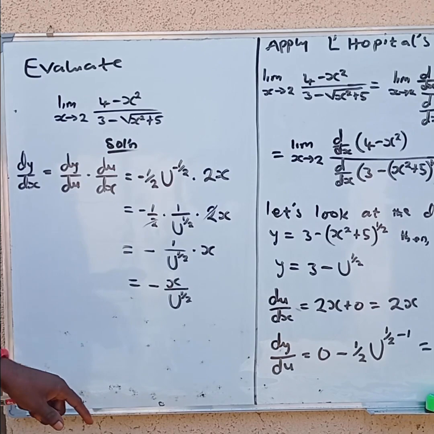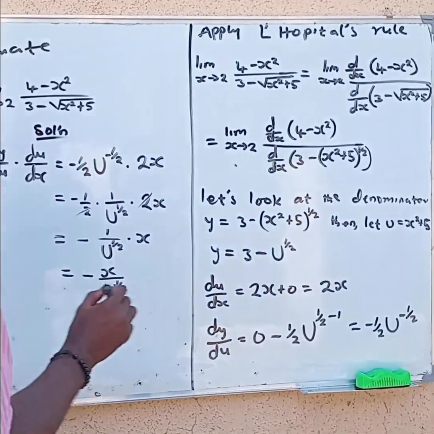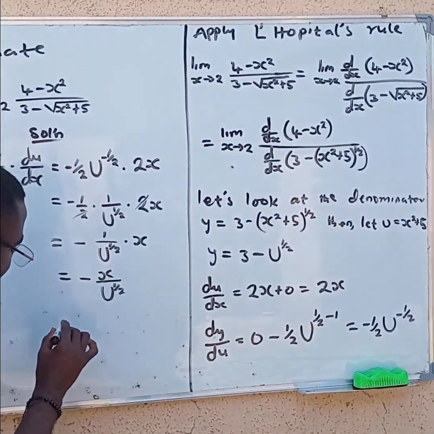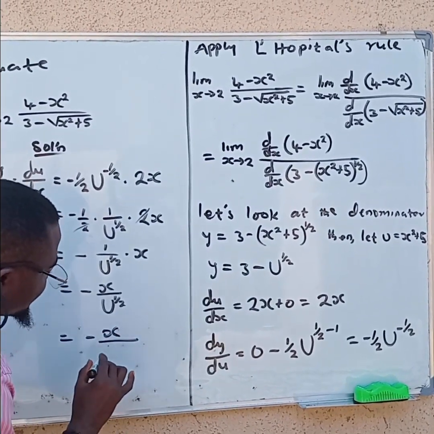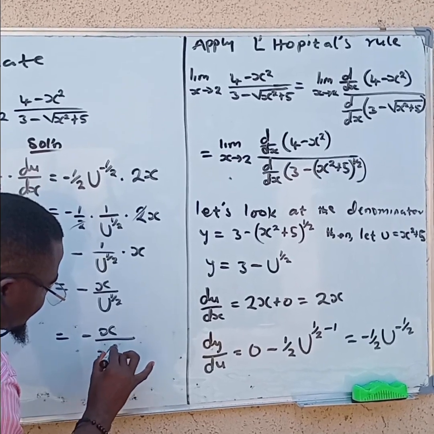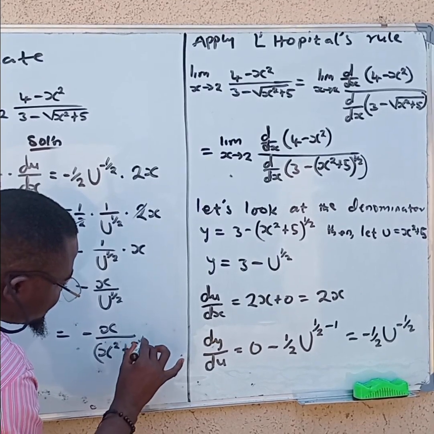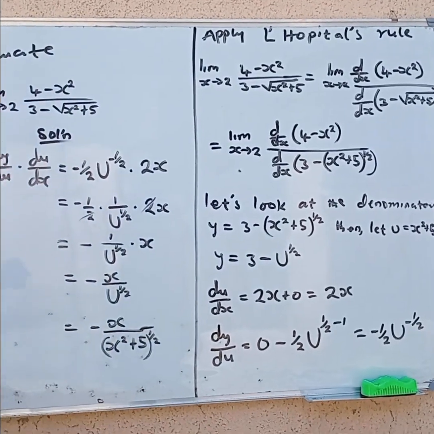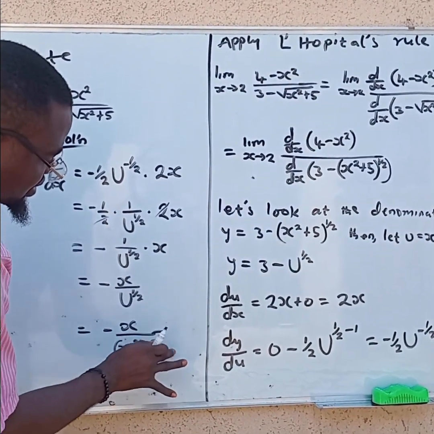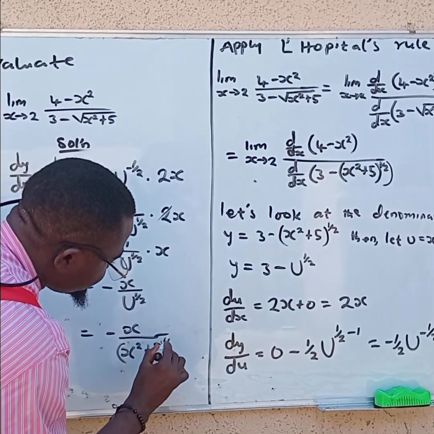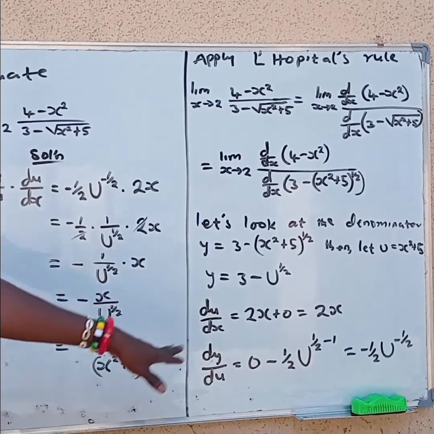Now, we all know that our u is x squared plus 5. So I now have it to be, that is the denominator, minus x over x squared plus 5 all raised to the power of 1 over 2. Good. So this is what we have from here.